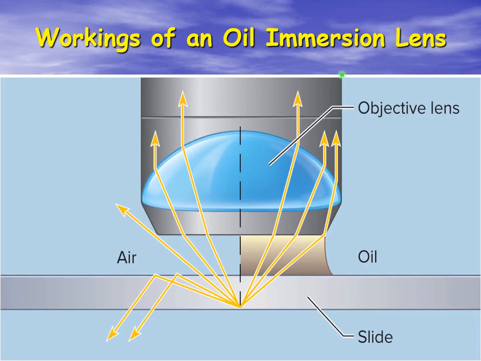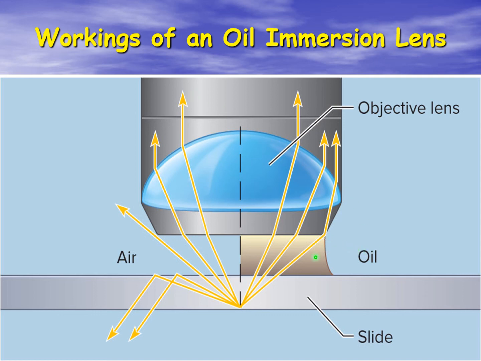So this is what we see. On the side where we don't have any oil, as the light comes away from our image, some of the light waves get scattered and don't enter the very small aperture of that oil immersion objective.